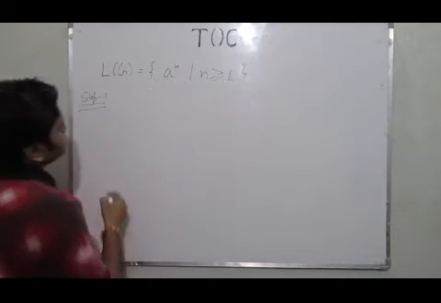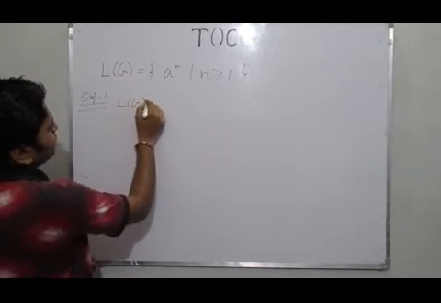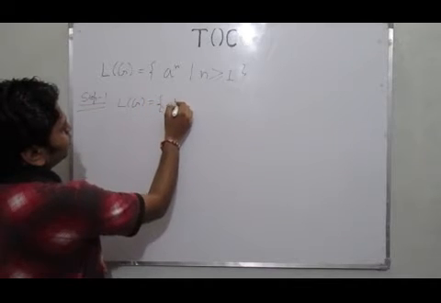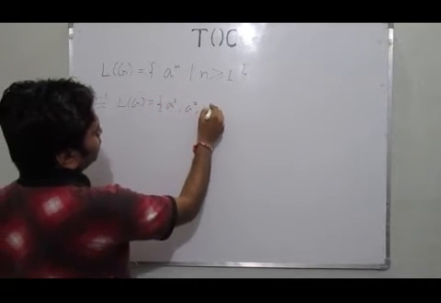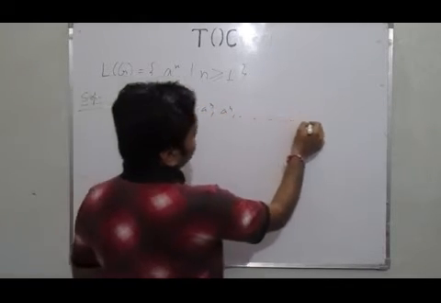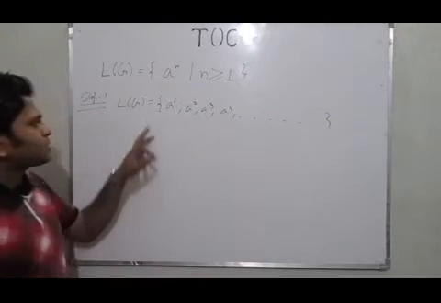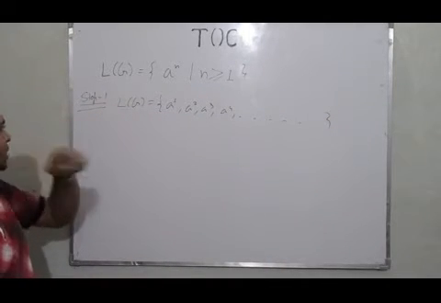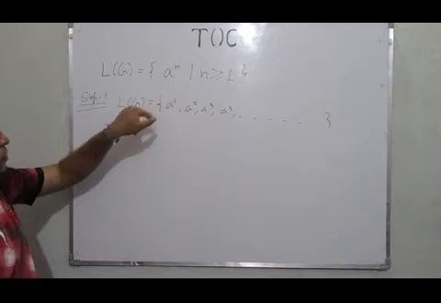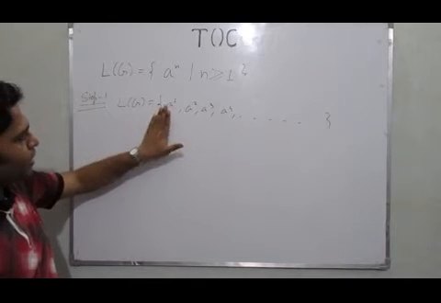So the language would be a^1, a^2, a^3, a^4, and so on. As compared to the previous example, this time we don't have lambda as the first string. This time we have a here.